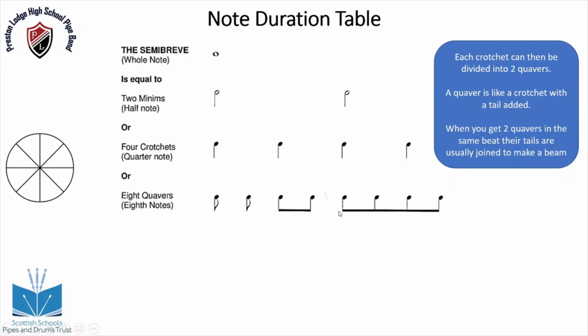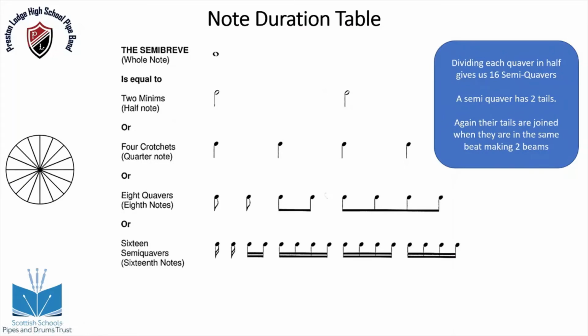And the reason we use the small beams underneath the notes is it tidies everything up. Because if we were to just do loads of notes with 1 tail, then 2 tails, 3 tails, no tails, it would be really messy. So we use the beams underneath the notes. So our next note was the semi-quaver.